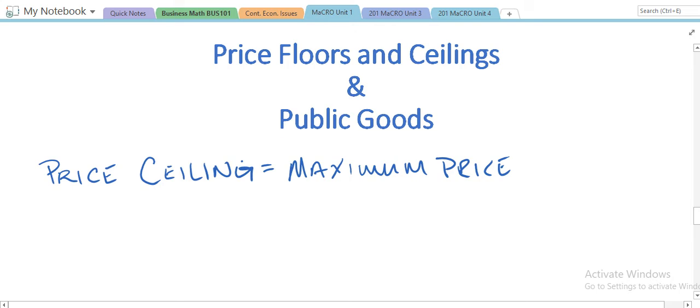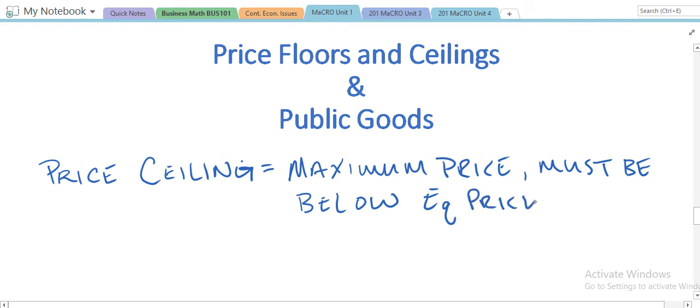So it's a maximum price, and it must be below the equilibrium price. Okay? And then we'll talk about each one of those. You can stop it and kind of think about that if you want.